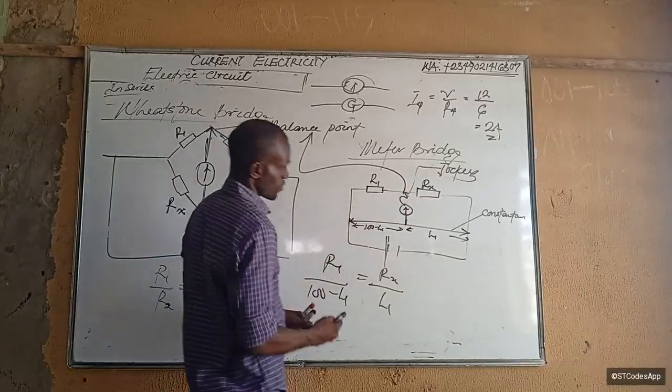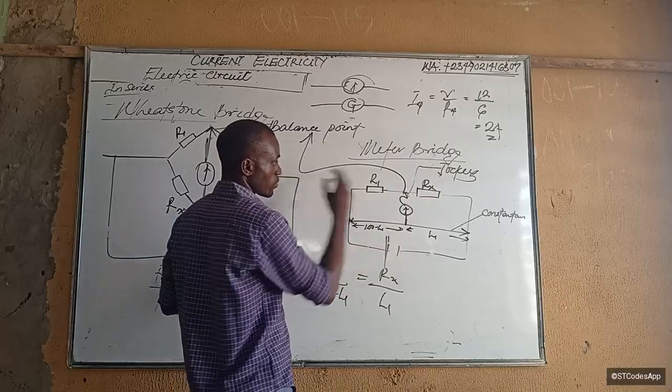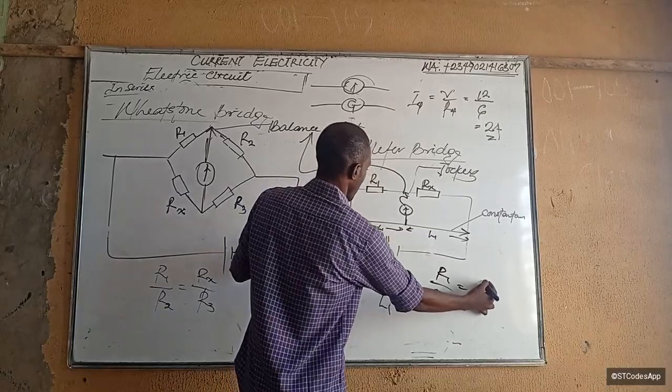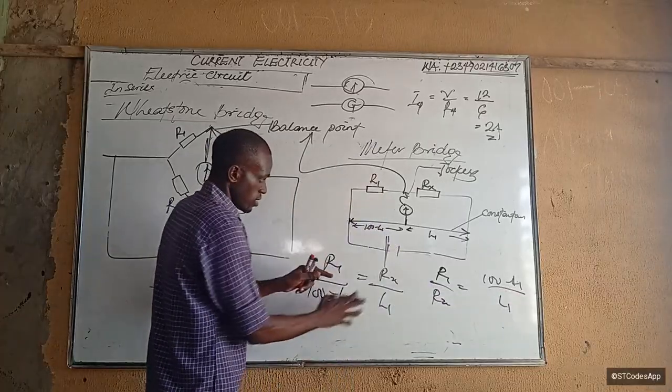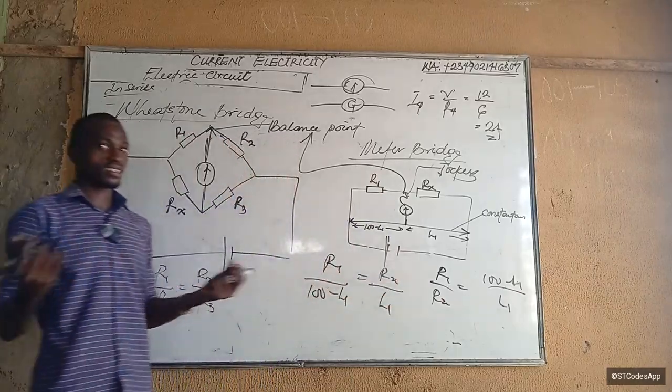If I write R1 over Rx as 100 minus L1 over L1 and cross multiply, you see it's the same.